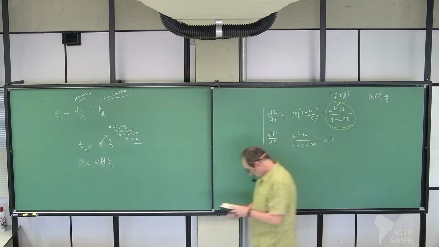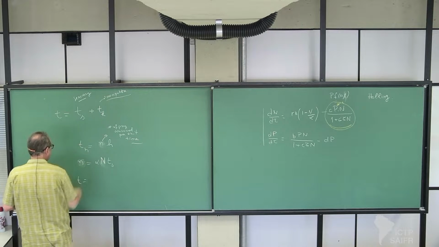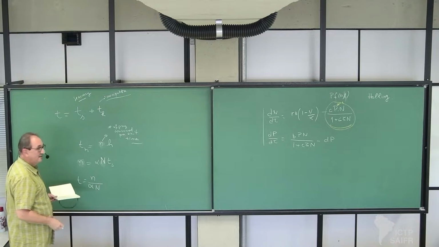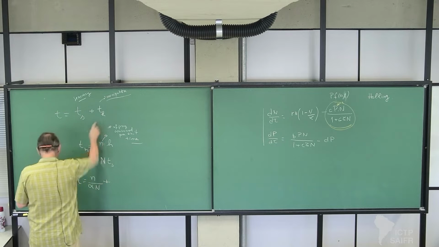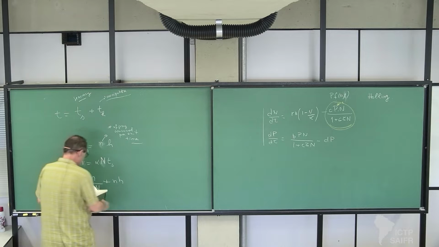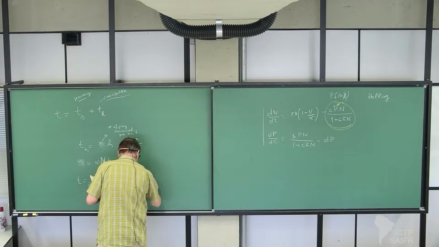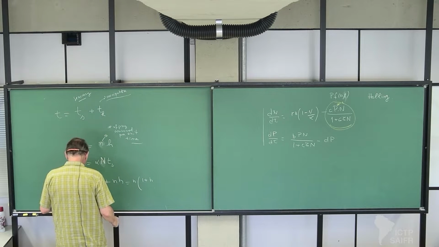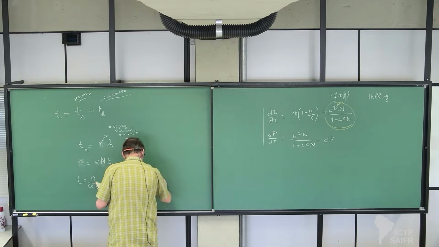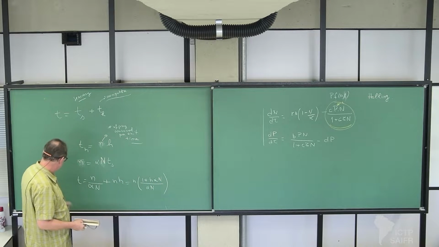So now, the total time can be written like Ts, and Ts is n over alpha N, plus Th, which is just n times h, which is equal to n times (1 plus alpha h N) over alpha N. Agree?